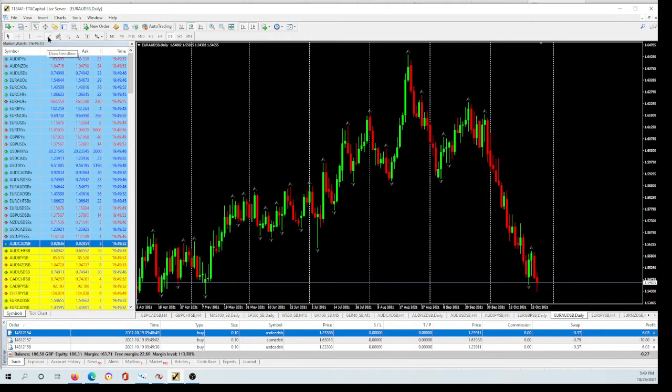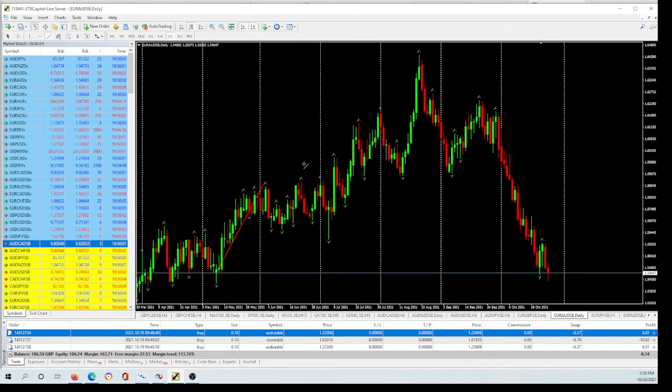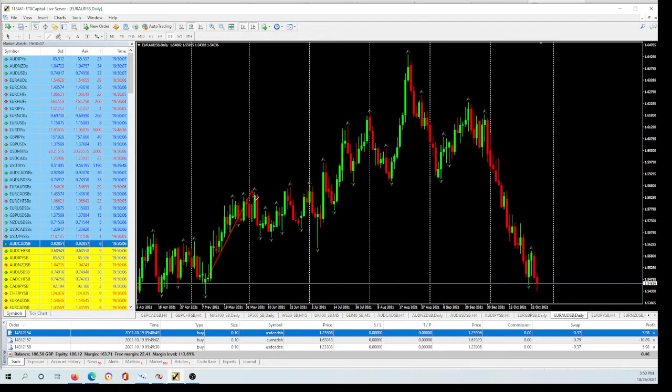An uptrend is when you see the market forming a higher high, then the same market forming higher lows. Then it forms higher again, then you have a low.